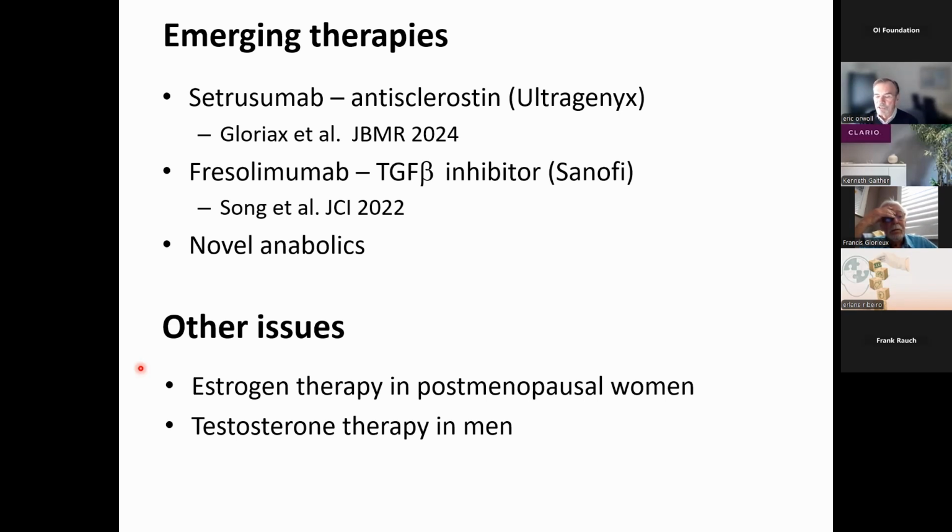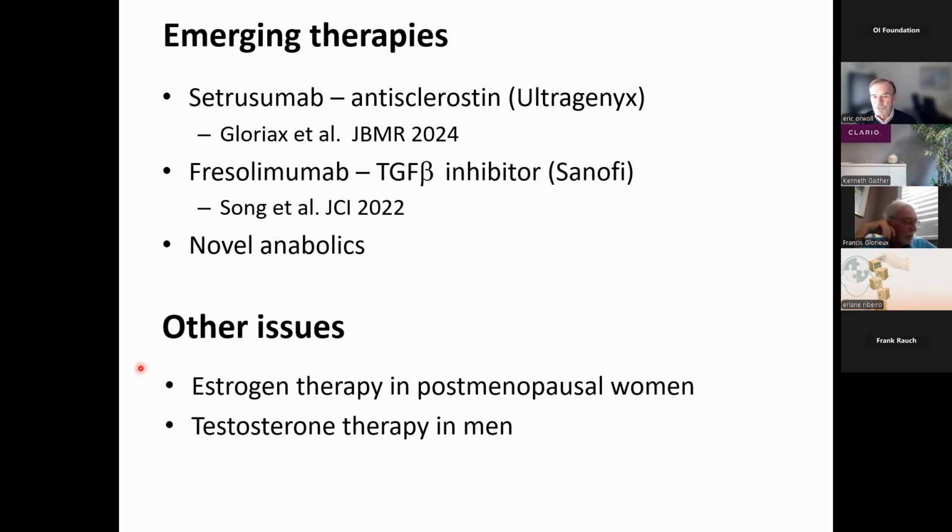There are some novel anabolics that may be very active in OI. For instance, early clinical trial data were published in osteoporosis with a drug that not only inhibits sclerostin, like setrusumab and romosozumab do, but inhibits another inhibitor of bone formation at the same time.